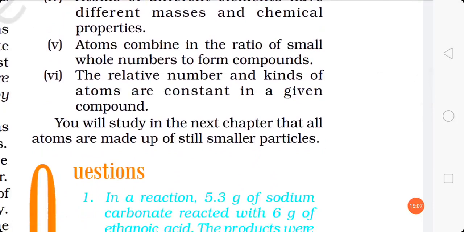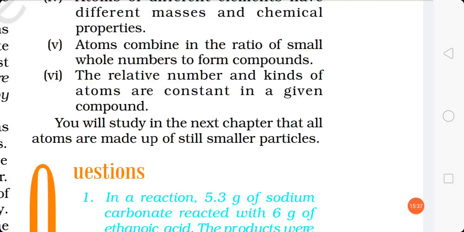Atoms combine in the ratio of small whole numbers to form compounds. कोई भी एटम्स है उनसे कंपाउंड फॉर्म होता है, तो उनमें क्या होता है कि वो स्मॉल नंबर ऑफ एटम्स को मिलाकर एक कंपाउंड फॉर्म होता है और एक प्रॉपर रेशियो रहता है इनका. फॉर एग्जाम्पल वी टेक H2O, water.